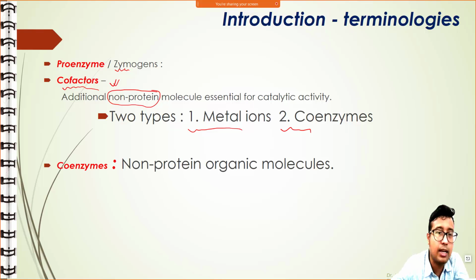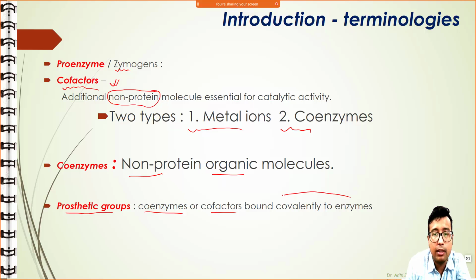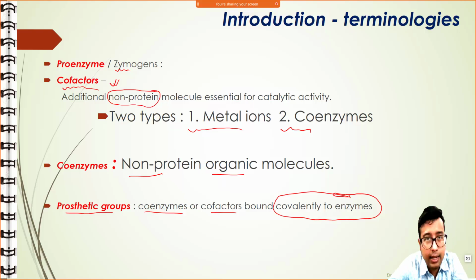So coenzymes are non-protein organic. These two are keywords you must mention, right? So see, prosthetic groups are coenzymes or cofactors that are bound covalently to enzymes, very important. So a prosthetic group can be organic or inorganic, but the difference lies over here.